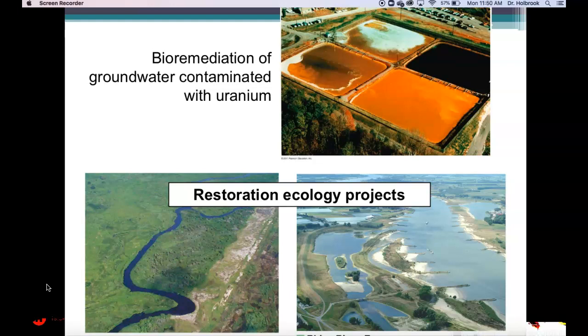They're constructing a seafloor habitat and transplanting seaweed and seagrass from natural beds to make these nursery grounds, which are really important for fish and shellfish to be able to survive. So that's just another example of a restoration ecology project.